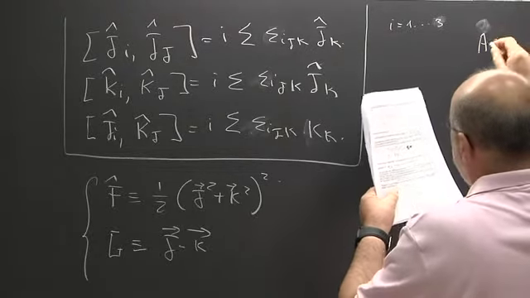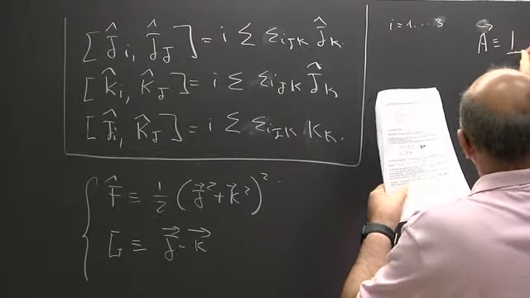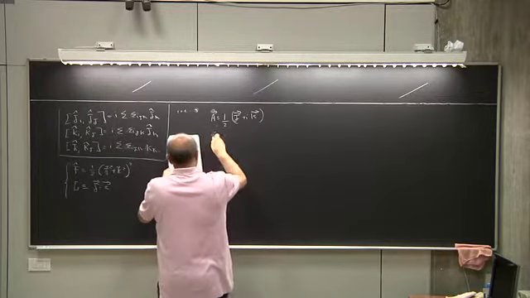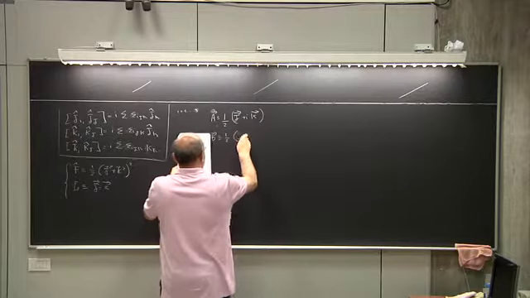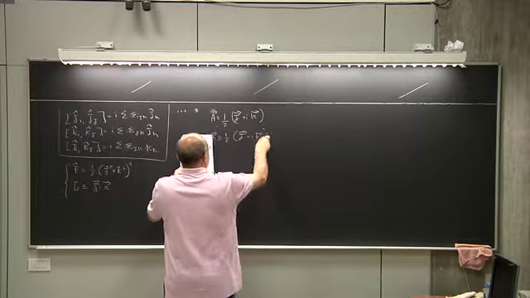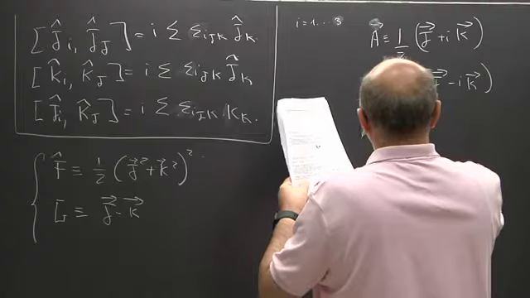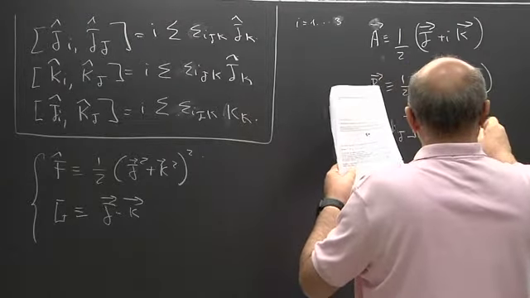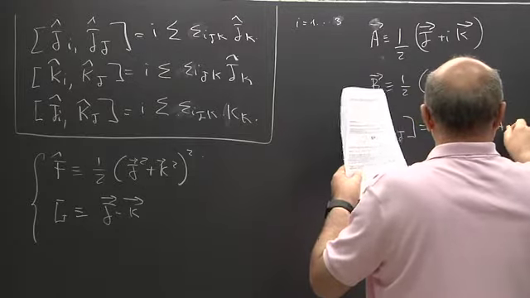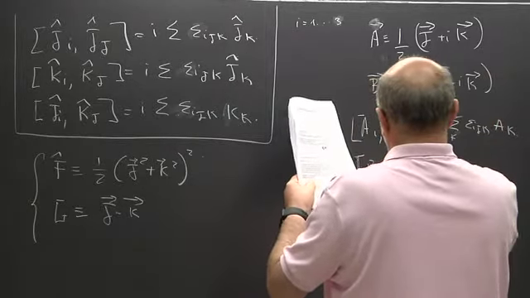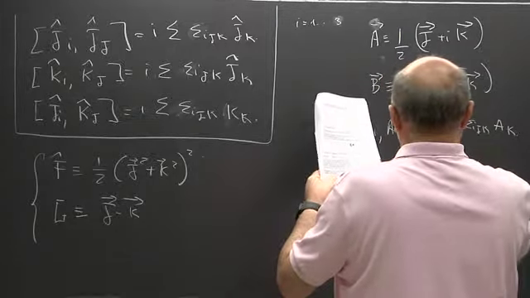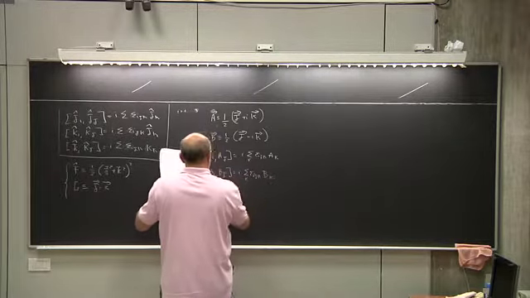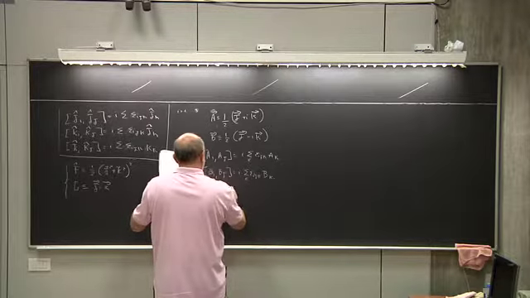If you introduce these 3 operators defined in this manner, A equals 1/2 (J plus iK), and B equals 1/2 (J minus iK), then it's easy to see that each of them has the algebra of the angular momentum, and that A and B commute.